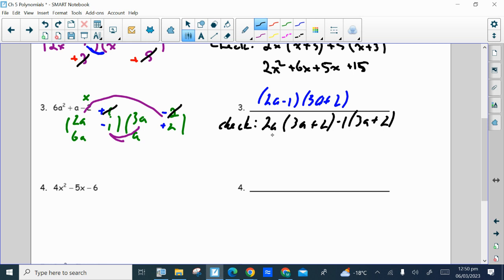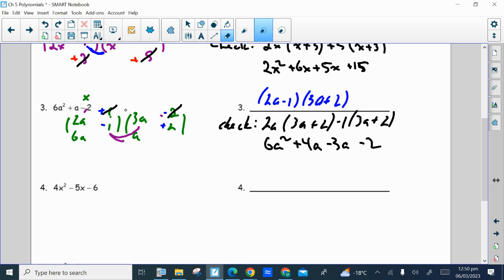So the front terms, 2a times 3a is 6a squared. 2a times 2 is positive 4a, negative 1 times 3a, and negative 1 times 2. So I've got the 6a squared that I needed at the start. I've got the minus 2 at the end that I needed. 4a take away 3a is positive 1a, so it checks.